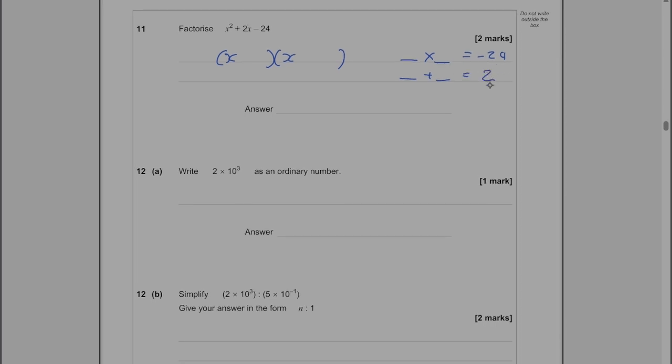That tells me there's a difference of 2 between the numbers, and the larger one is going to be positive. So I'm looking for 6 and 4, and the negative is the 4. So we've got x plus 6 and x minus 4.